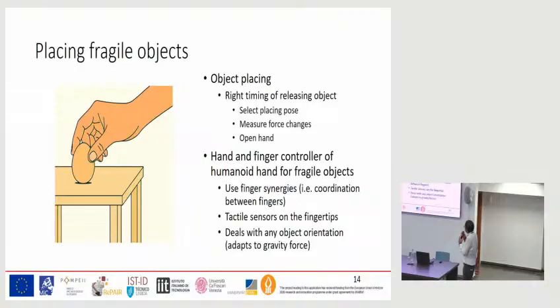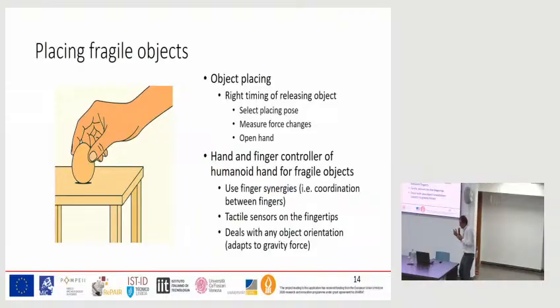And also, our controller deals with the orientation, so that means that the force of gravity also has an effect here, and we have to consider that force in order to measure properly the force that we have to apply or not apply to the object.